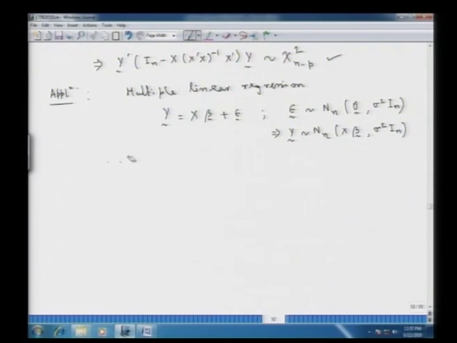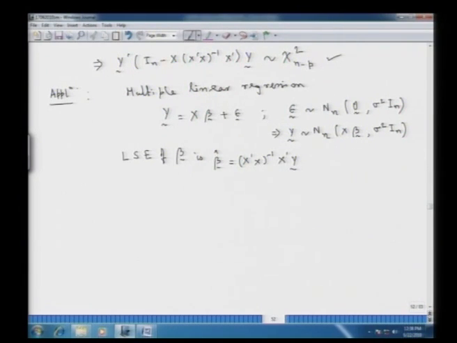But before that, let me, for completion's sake, write the least squares estimator. The least squares estimator of beta, the linear regression parameter vector, is given by beta hat, which is X transpose X inverse X transpose y.